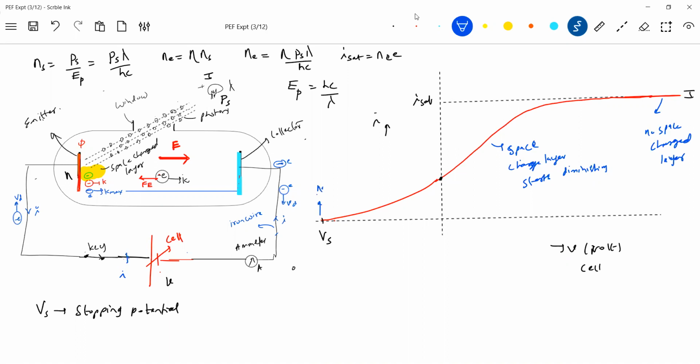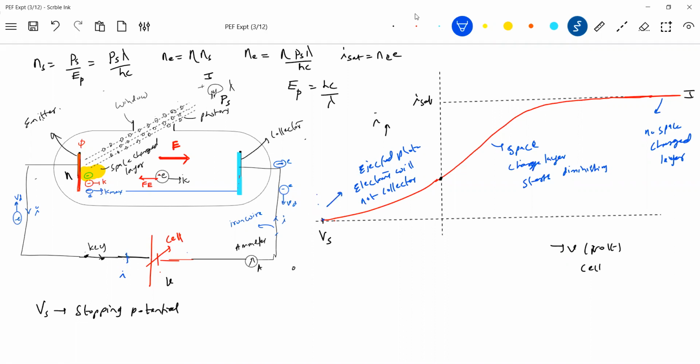At this particular point, none of the ejected photoelectrons reach the collector. I'm using the words: photoelectrons will not reach the collector. I'll put it like this, photoelectrons will not reach collector. This will be the proper order.